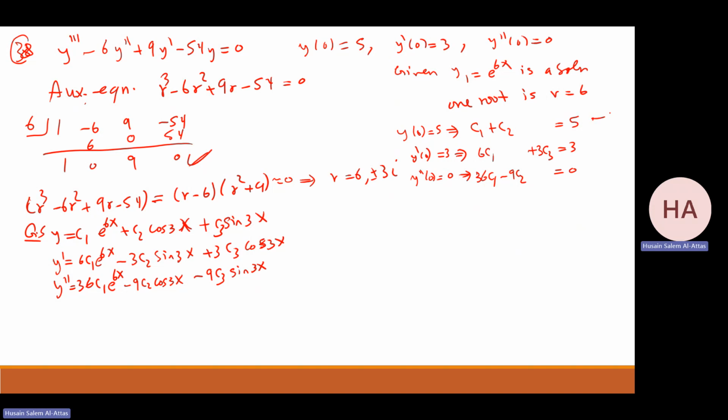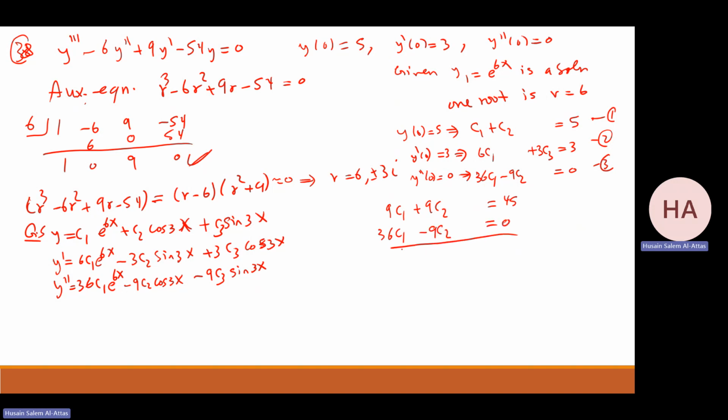This is equations 1, 2 and 3. So solve 1 and 3. Multiply 1 by 9. So I have 9C1 plus 9C2 equals 45, and 36C1 minus 9C2 equals 0.